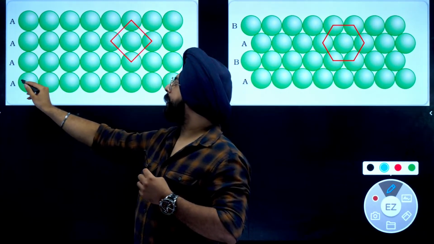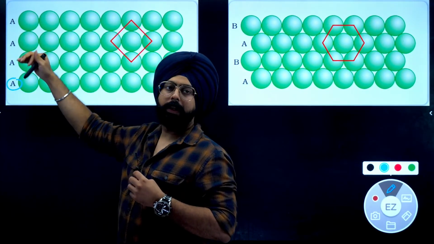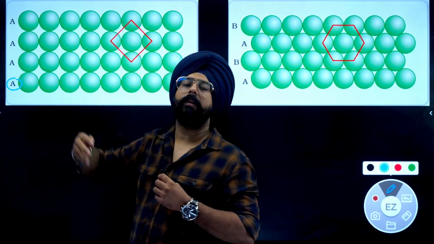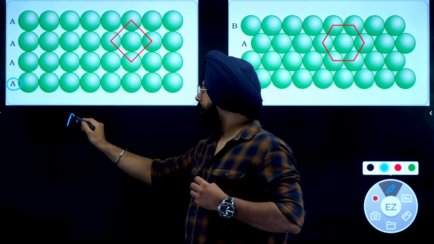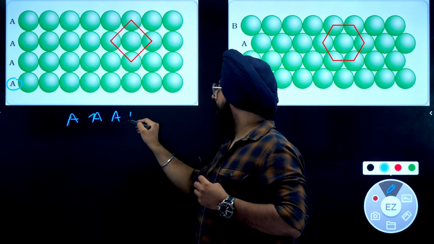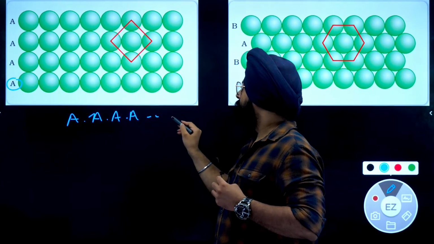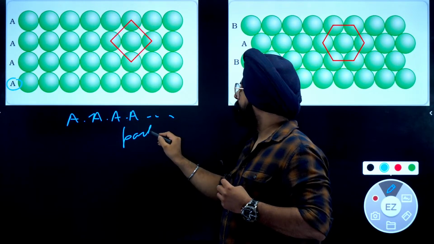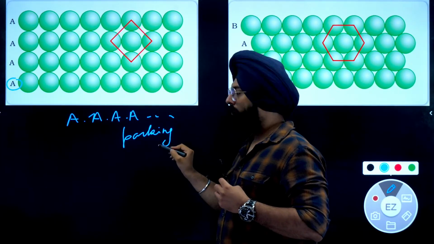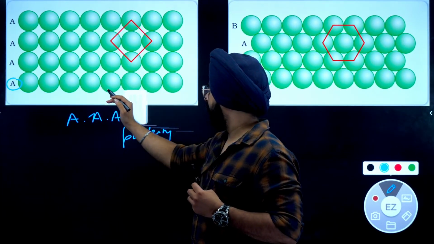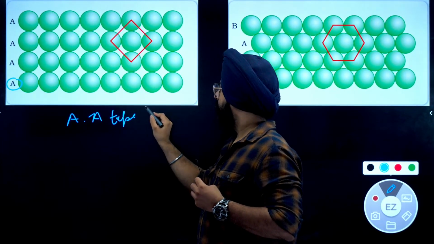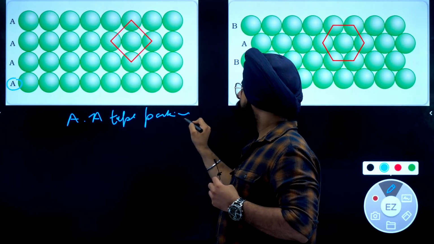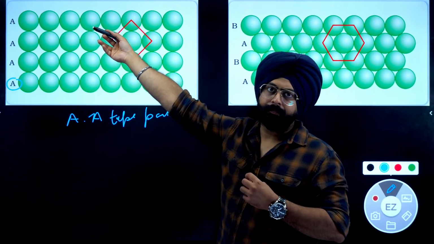Let's call it pattern A. So pattern A keeps repeating, A type of packing. Or for the sake of simplicity, you can just call it AA type of packing. Basically A on top of A on top of A.